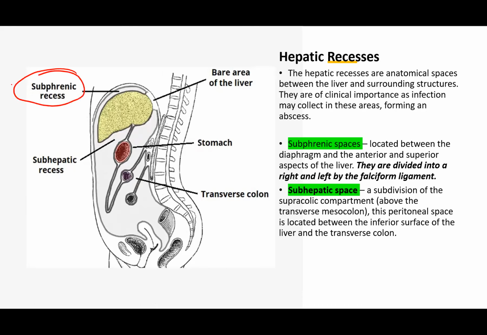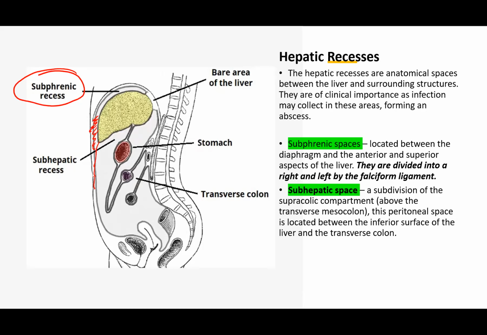You can see it's just beneath the diaphragm, in between the diaphragm and the superior aspect. Now, you know the falciform ligament attaches the liver to the anterior abdominal wall. Hence, it divides this space into right and left.